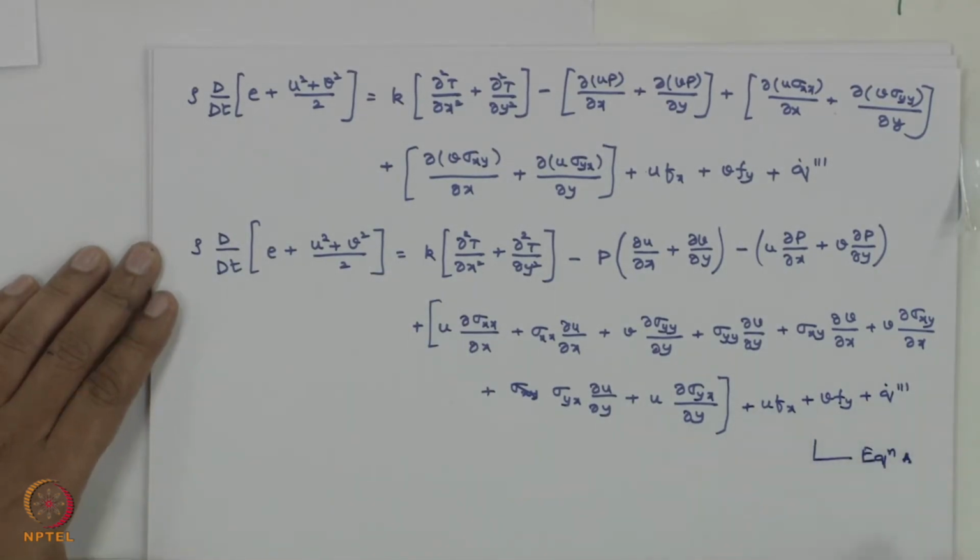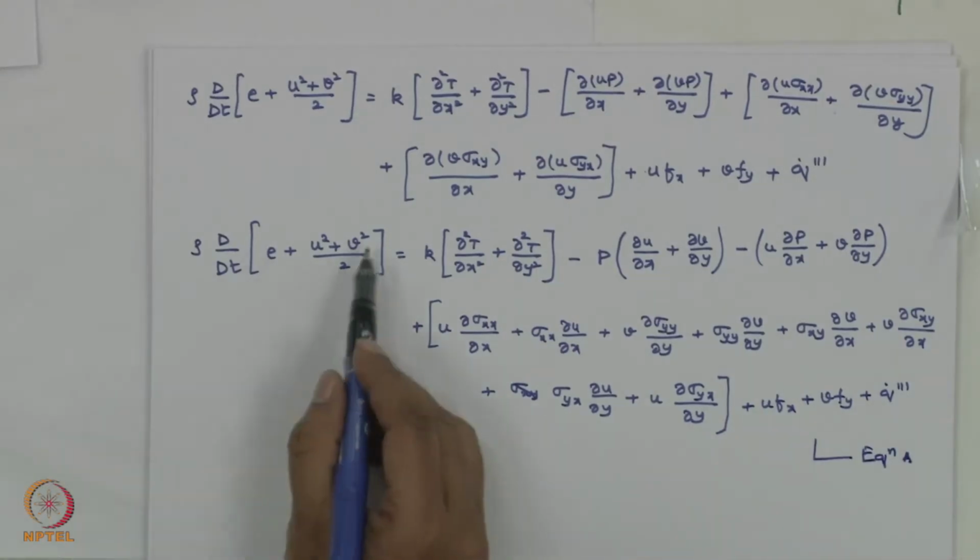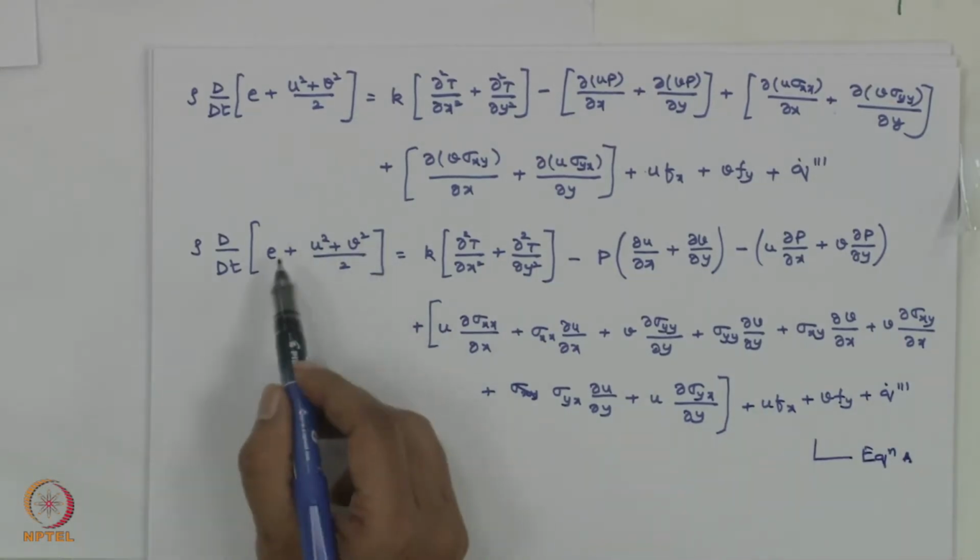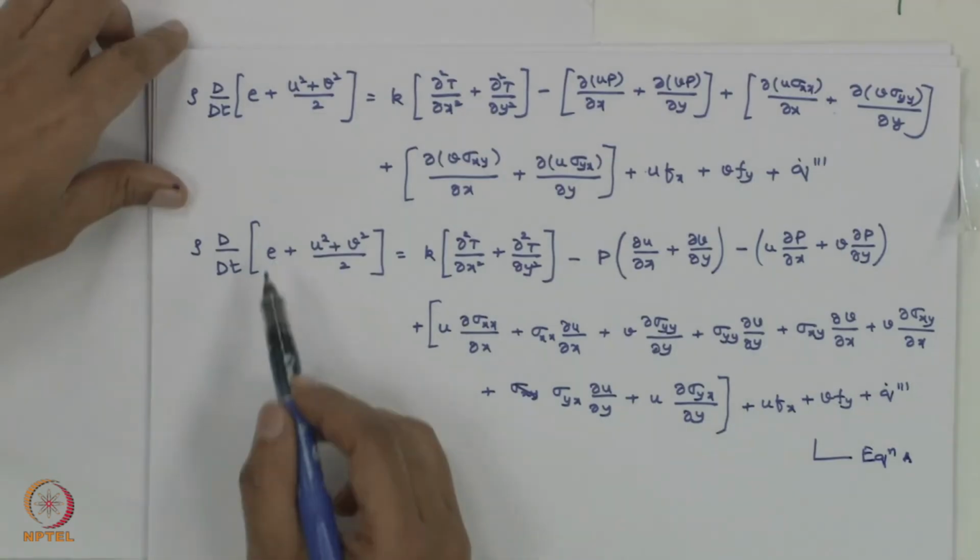We are going to come back to this equation. Why? Because I want to deduct this term and end up getting dE by dt. That I will do through the momentum equation. So let's recollect what we got in the x momentum equation.